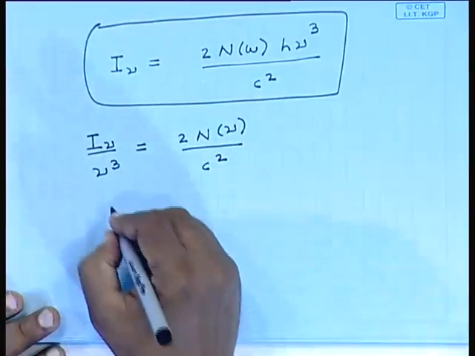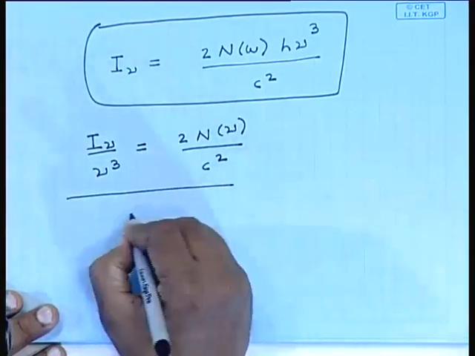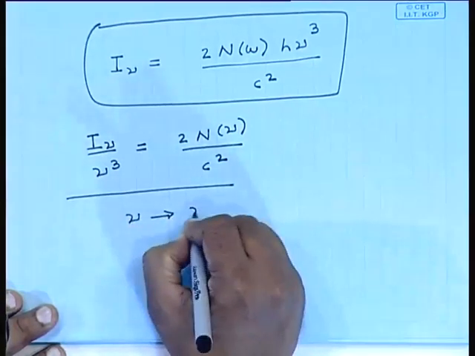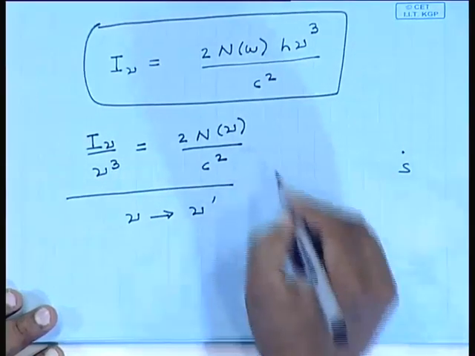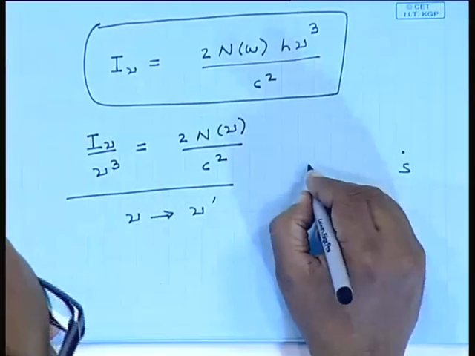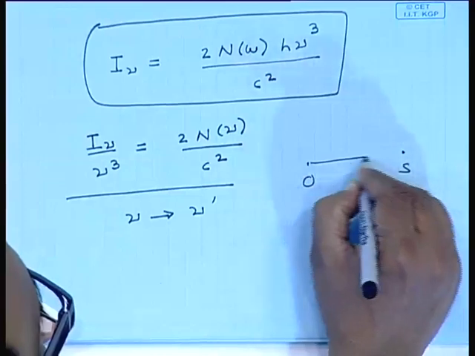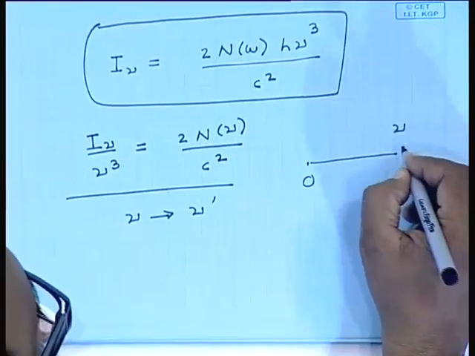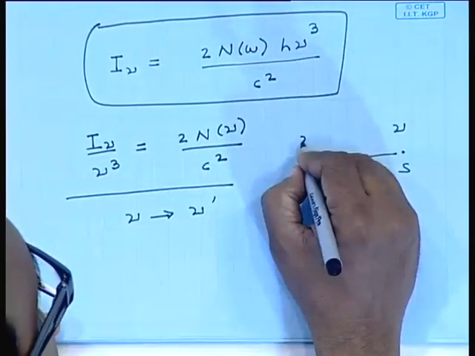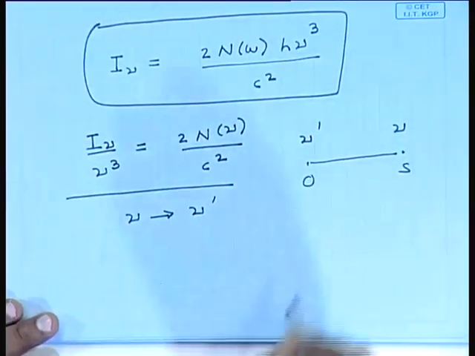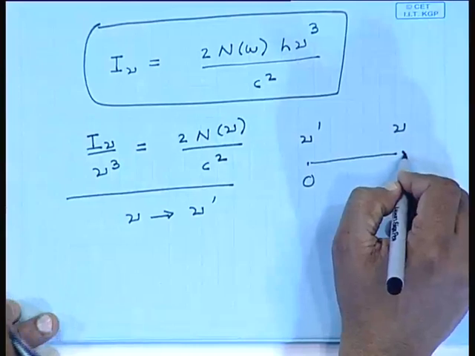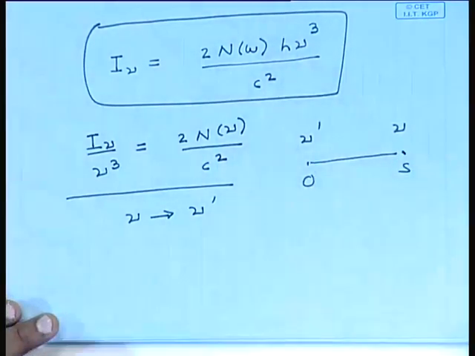And if the frequency of a photon changes due to some reason, say during propagation, there is a source here and the source emits light with a certain specific intensity, it is received here, emitted at a frequency, let us say nu, observed at a frequency nu prime, that is what happens due to the expansion. The question is, what is the relation between the specific intensity of the light emitted and the light observed.